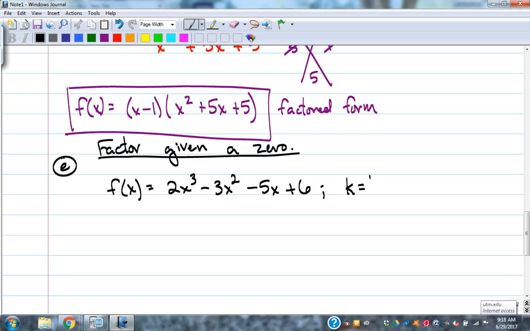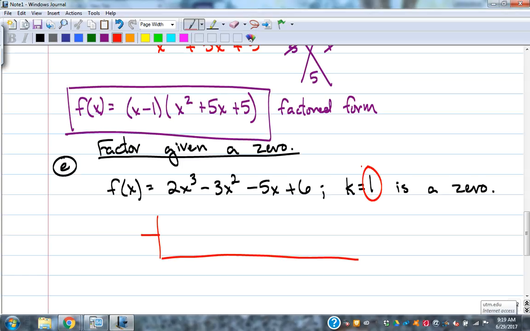And then k equals 1 is a 0. So they tell us a 0 instead of the factor. Okay. The work is exactly the same, guys. It's no different. The only difference is what goes on the shelf.